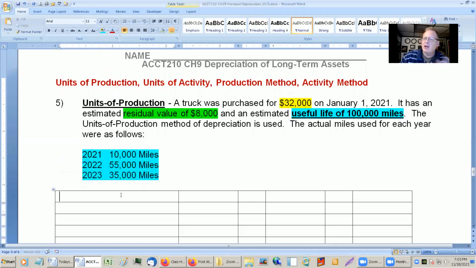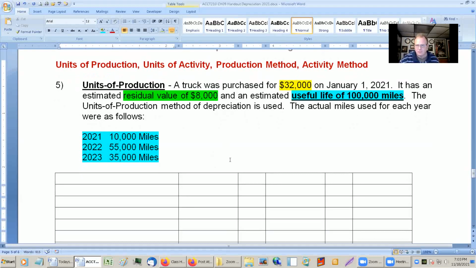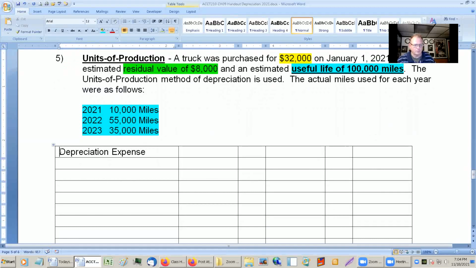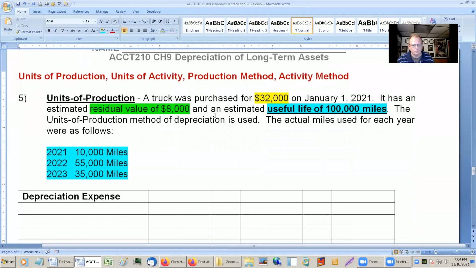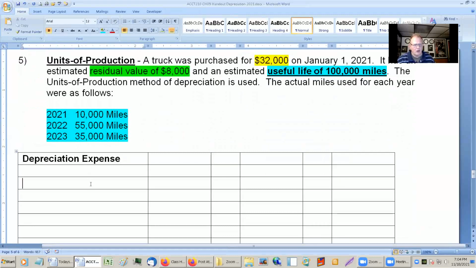Okay, so coming down here, it starts out exactly the same as we did for the straight line method. So we have our cost, 32,000.